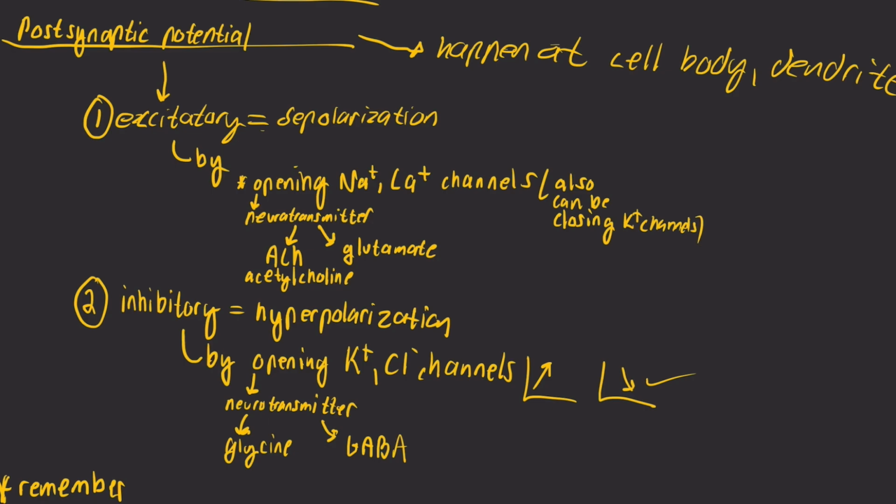And then we have inhibitory. If excitatory allows depolarization of the postsynaptic membrane, in inhibitory we have hyperpolarization. So instead of becoming more positive, it is going to be more negative.